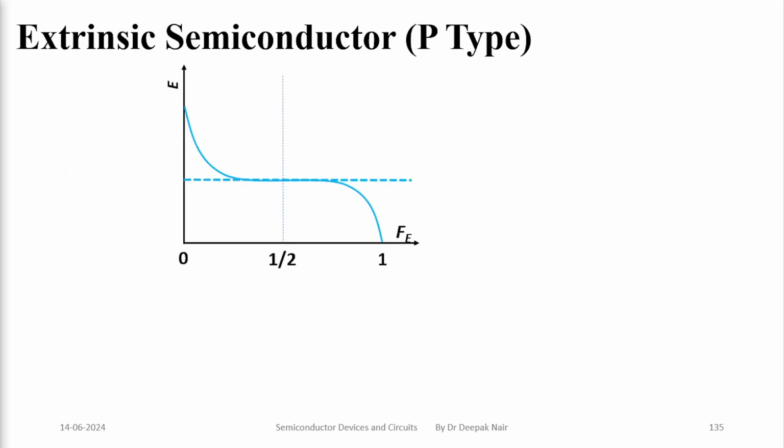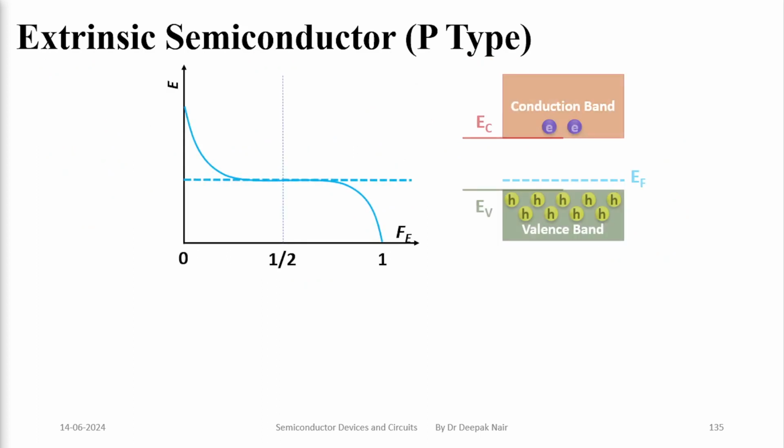Now what will happen in case of p-type semiconductors, and where will the Fermi energy shift? So here we again have the Fermi distribution between 0 and 1.